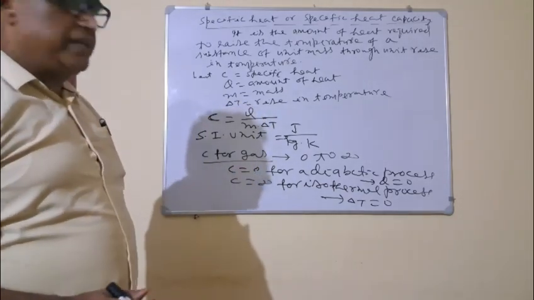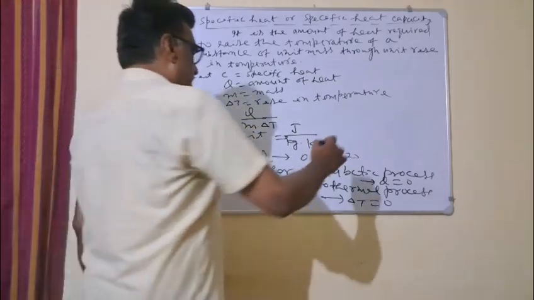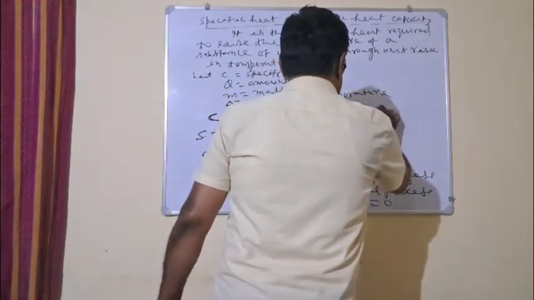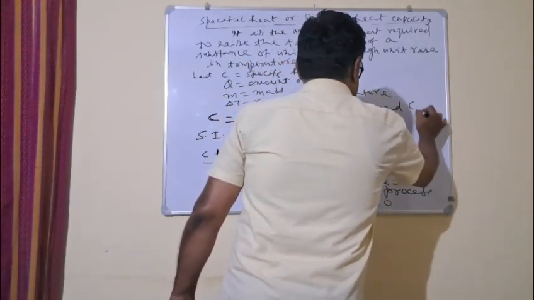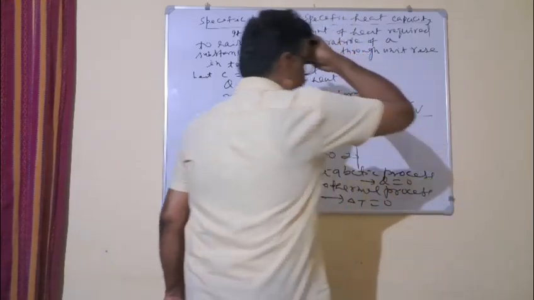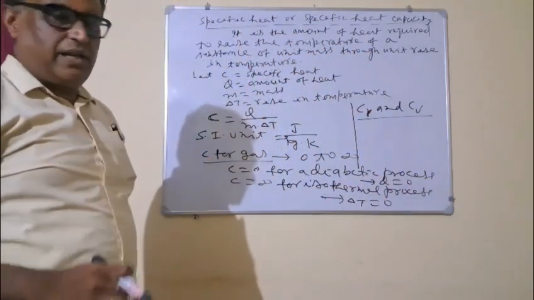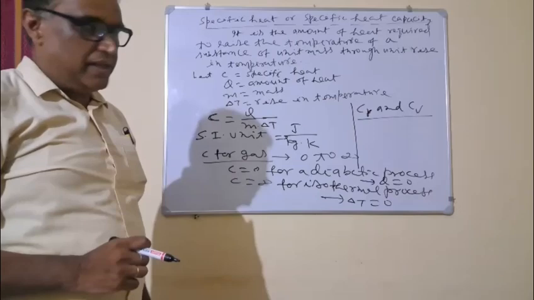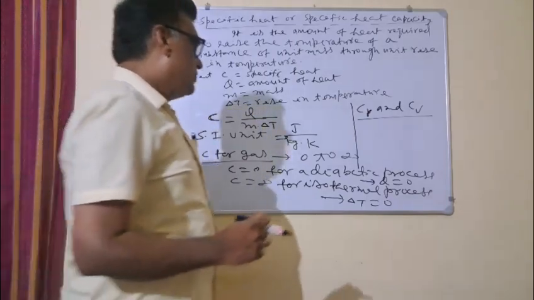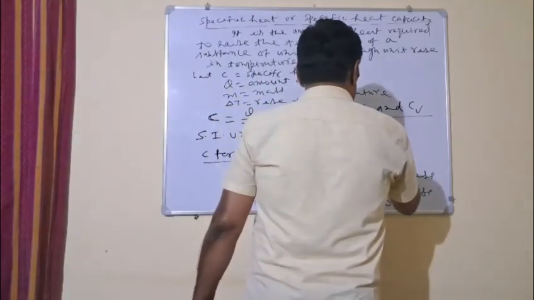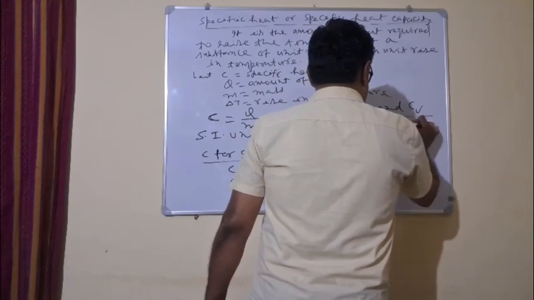But two specific heats are important in case of gas, that is Cp and Cv. Cp and Cv are two important specific heats which are used for gases. Cp and Cv are what?